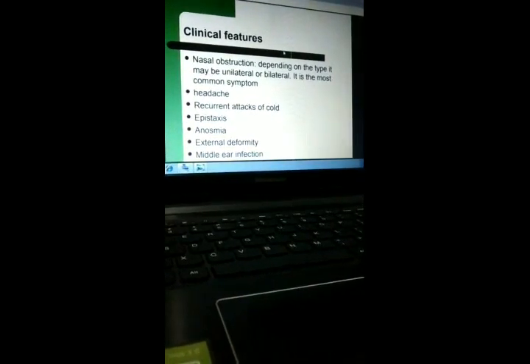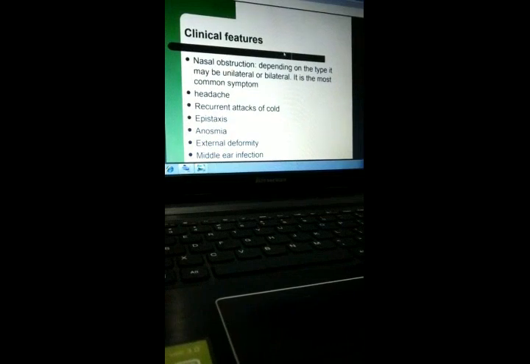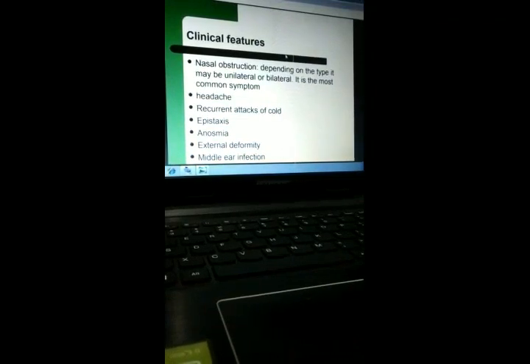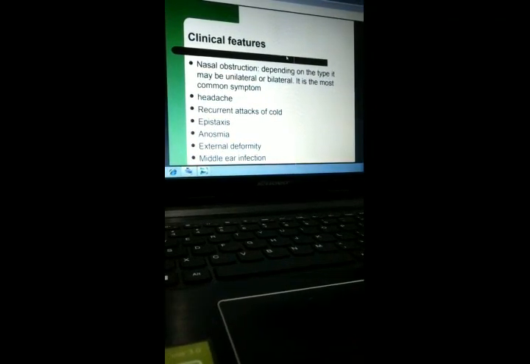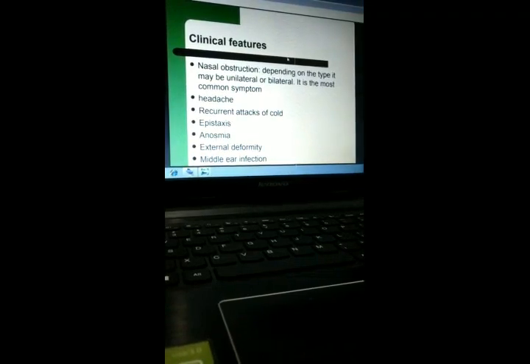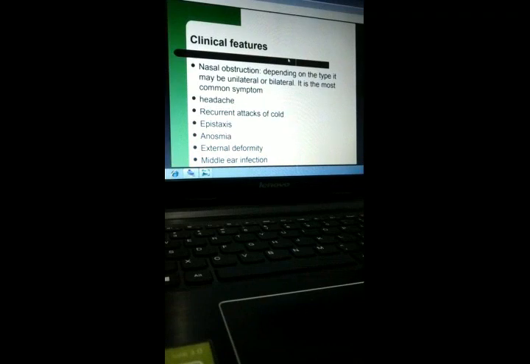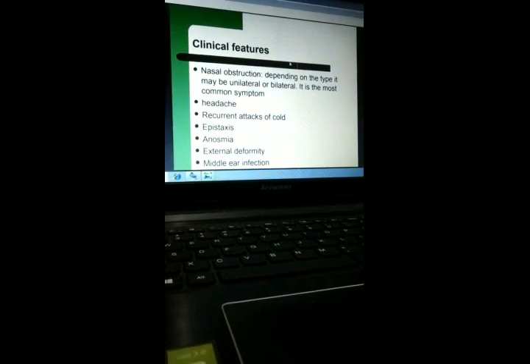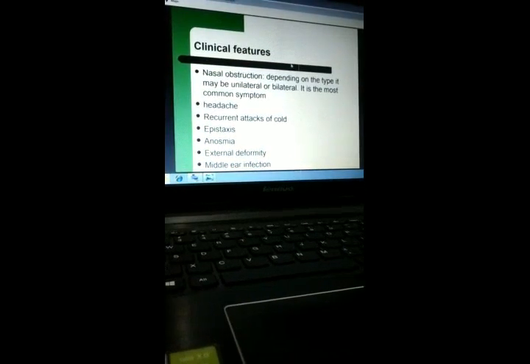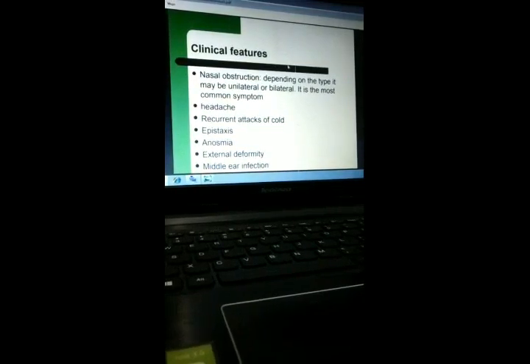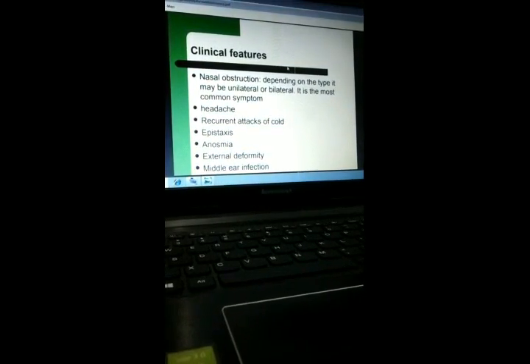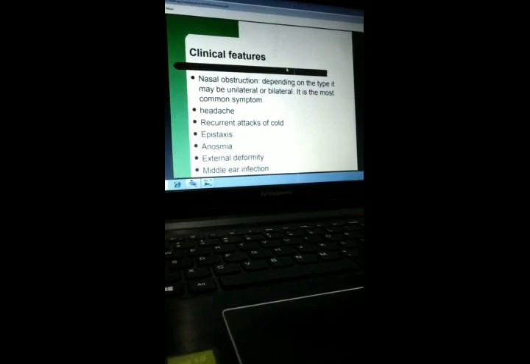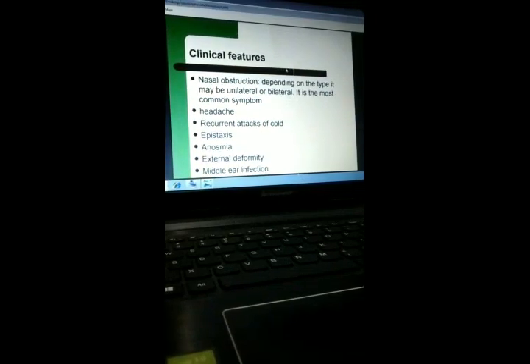Then comes the epistaxis. The mucosa over the deviated part of the septum is exposed to the drying effect of the air currents, leading to formation of crusts, and these crusts produce irritation, and usually the patient picks the nose, or due to crackling of the crusts due to drying, it causes epistaxis.